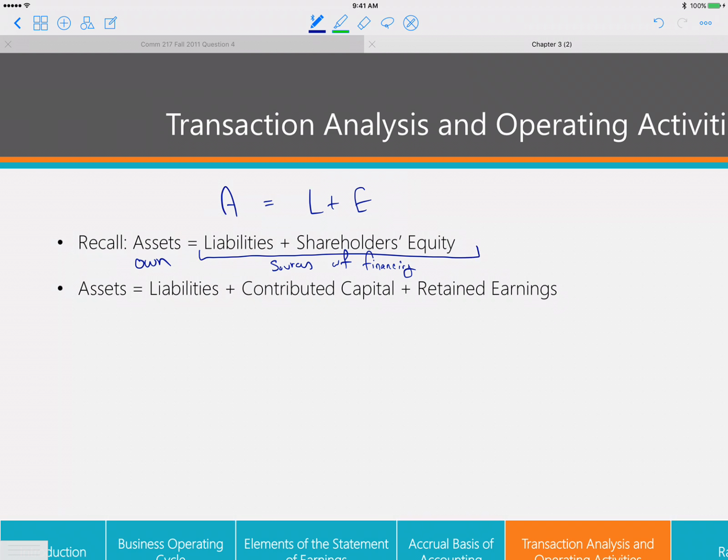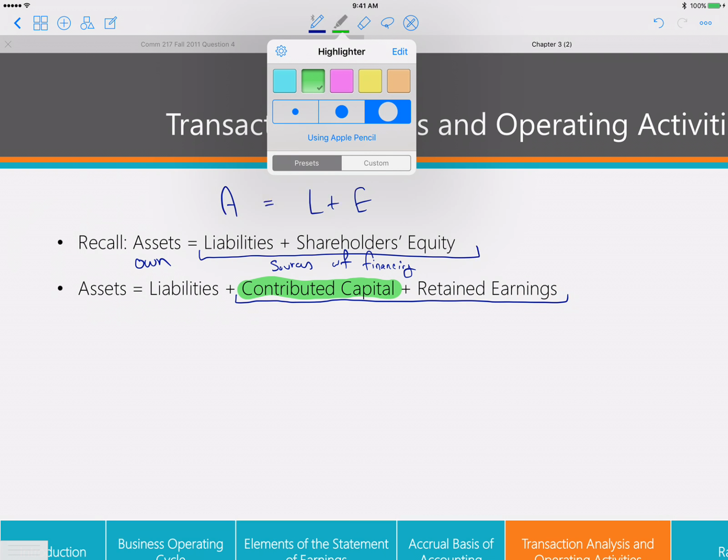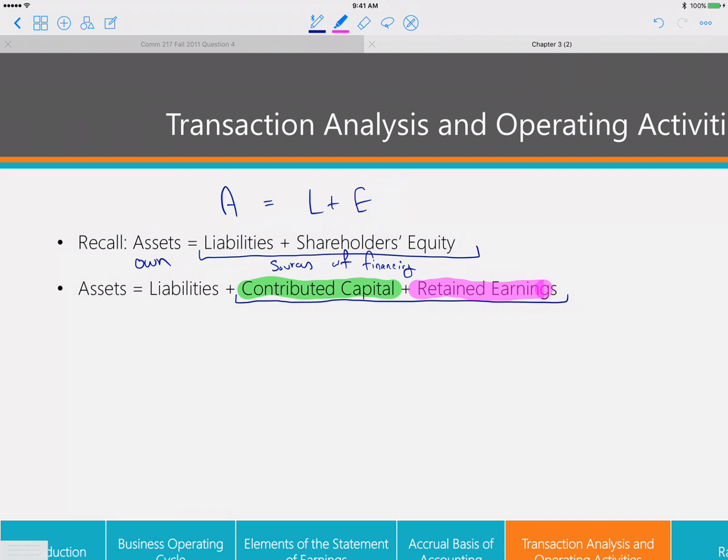If you recall, shareholders' equity is actually made up of contributed capital and retained earnings. So contributed capital is the investment made by shareholders, while retained earnings is the profit or the earnings of the company that were not paid out to the owners. They have been retained in the company for future investment.